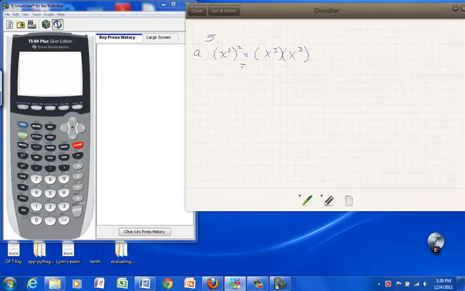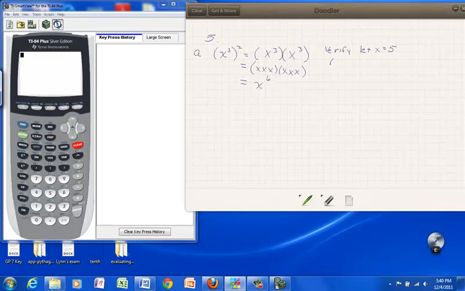If I expand all of those, we end up with x being multiplied by itself 6 times. Now let's verify that. Let x equal 5.